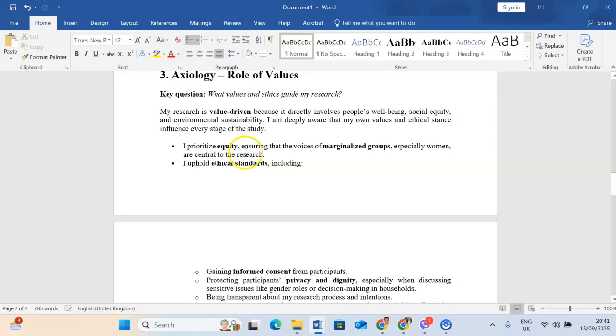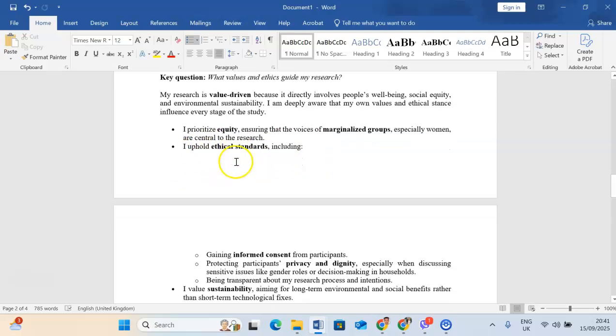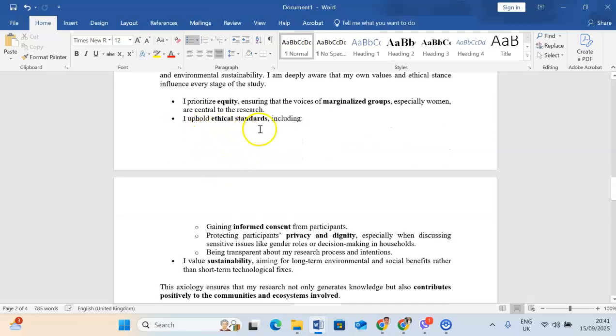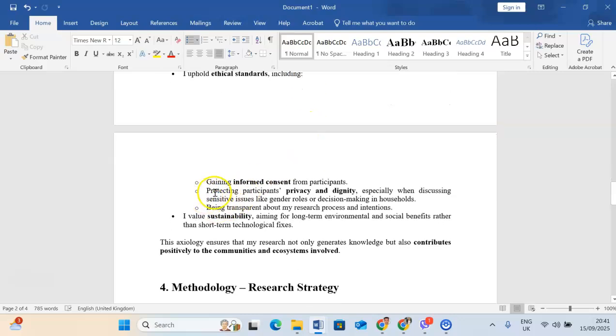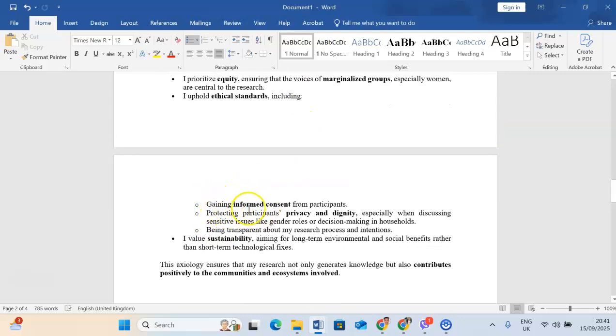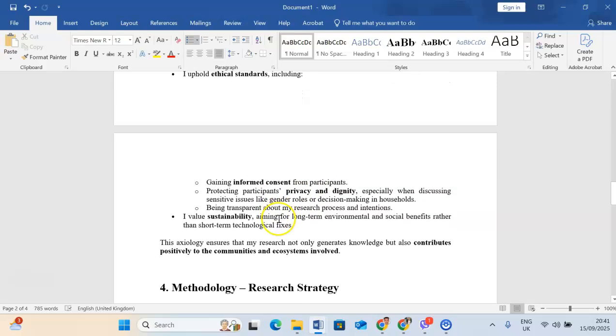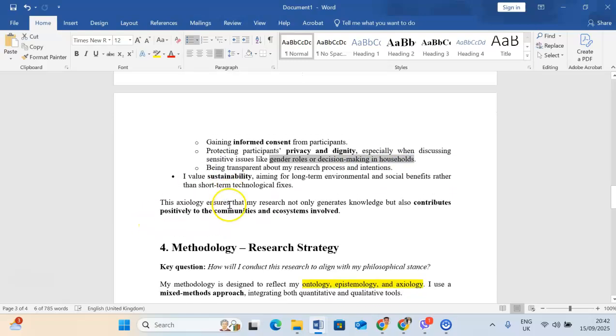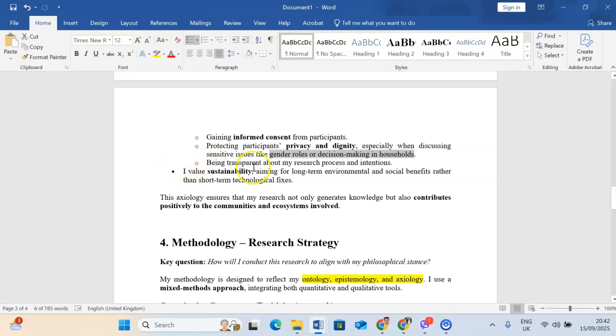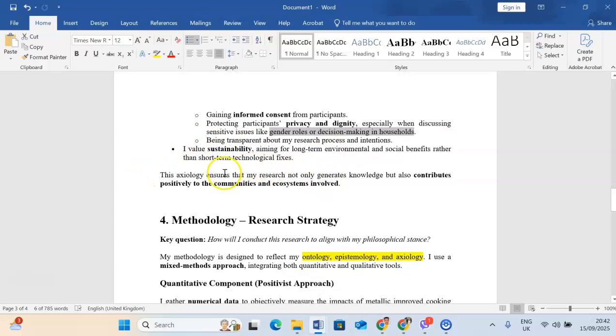I prioritize equity, ensuring that the voices of marginalized groups, especially women, are central to the research. I uphold ethical standards, including, but not limited to, gaining informed consent from participants, protecting participants' privacy and dignity, especially when discussing sensitive issues like gender roles and decision-making in households, and being transparent about my research process and intentions.